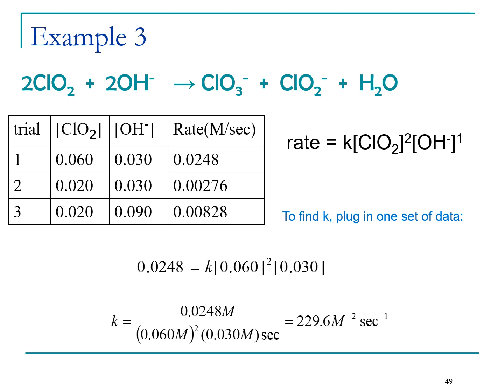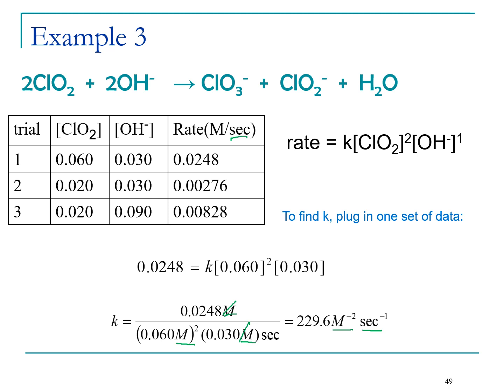K equals 0.0248 divided by 0.060 squared divided by 0.030. Notice that this is molarity squared and molarity, so these will cancel, and my unit ends up being 229.6 M to the negative 2 seconds to the negative 1. And we know it's seconds because that's in the rate law.